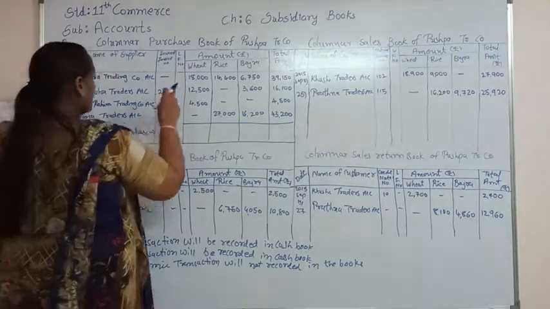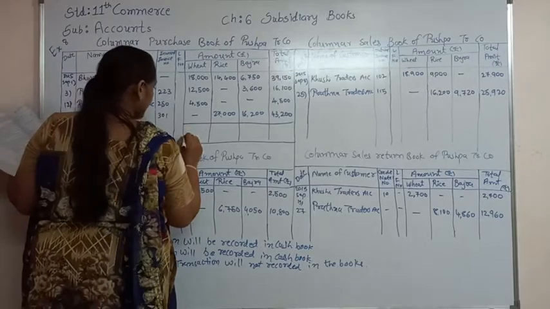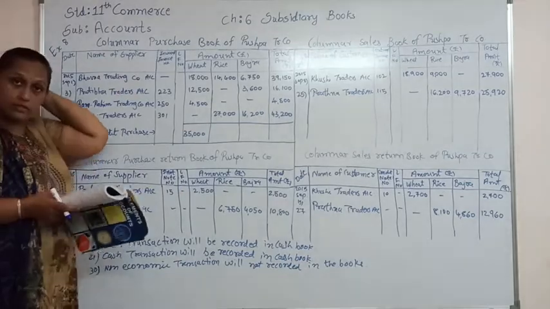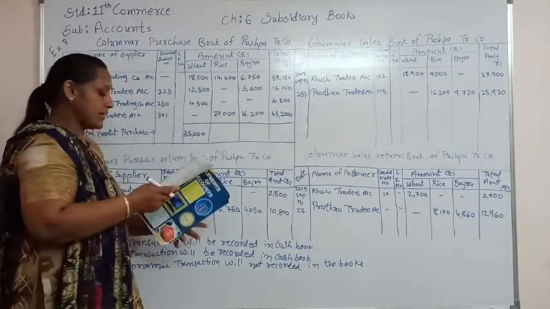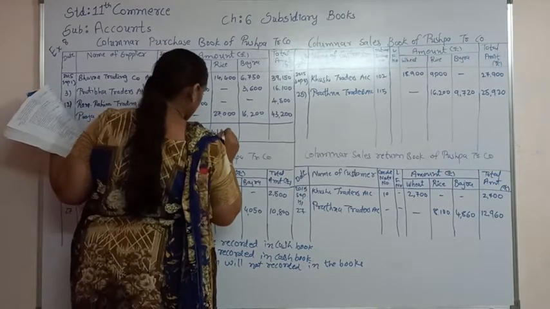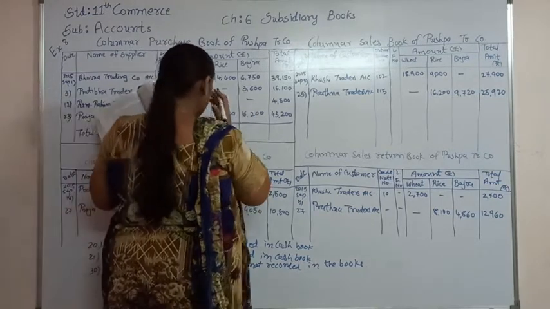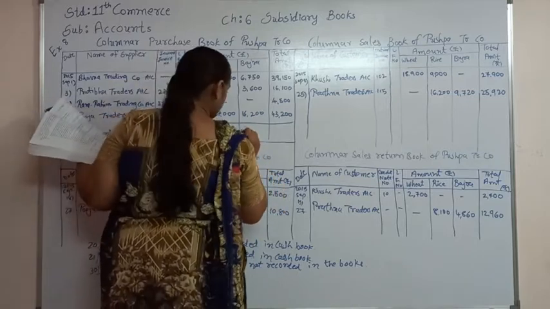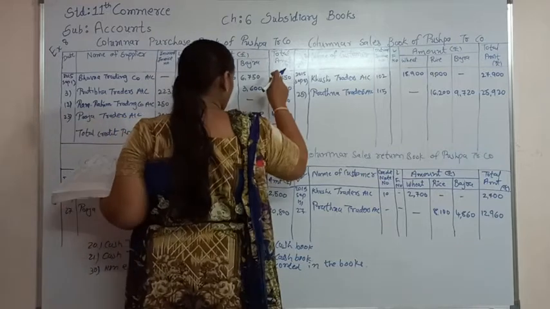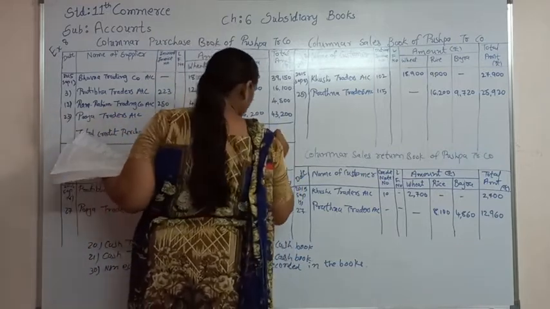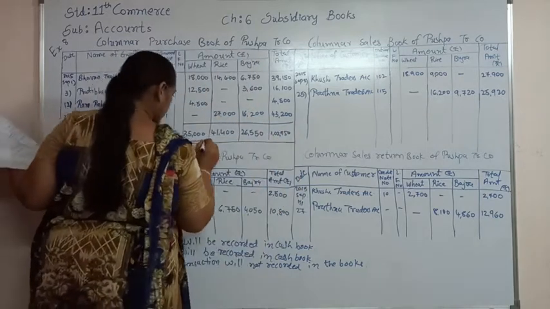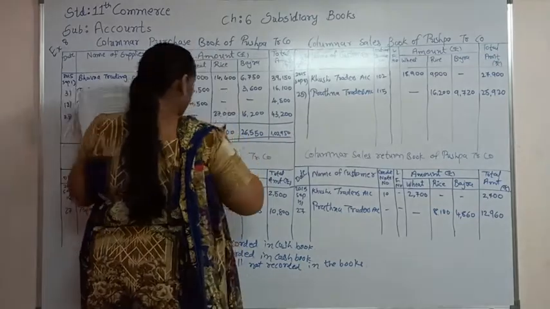For the week the total will be 35,000, and for the rice it will be 41,400. For bajra it will be 26,550, and the total of all will be 1,02,950. So this is the total credit purchase.